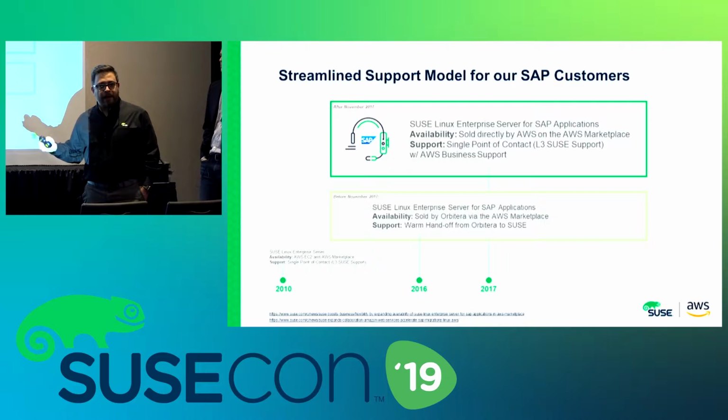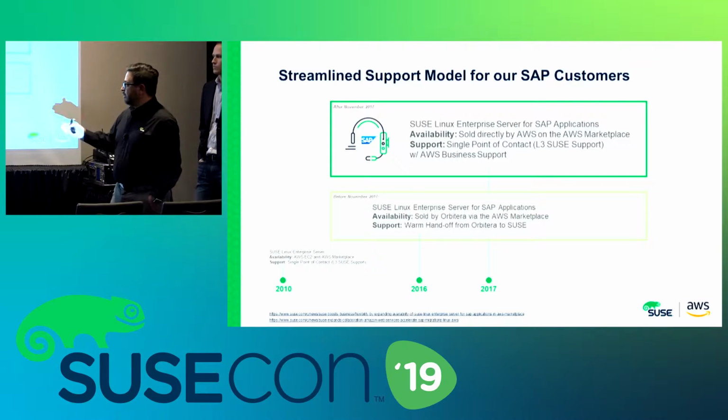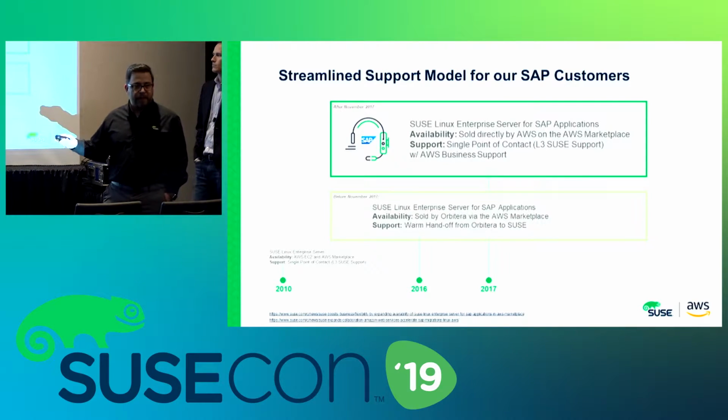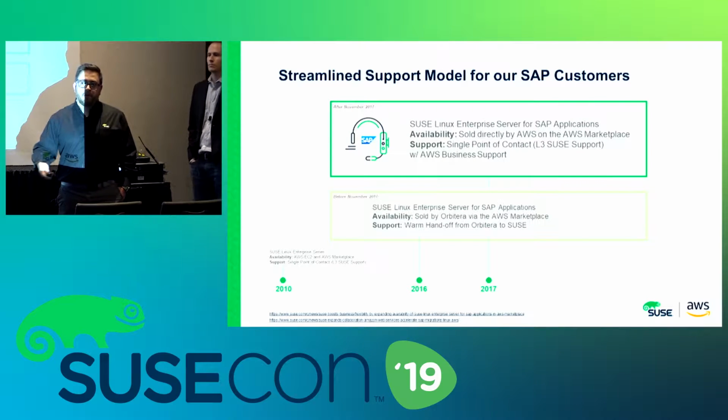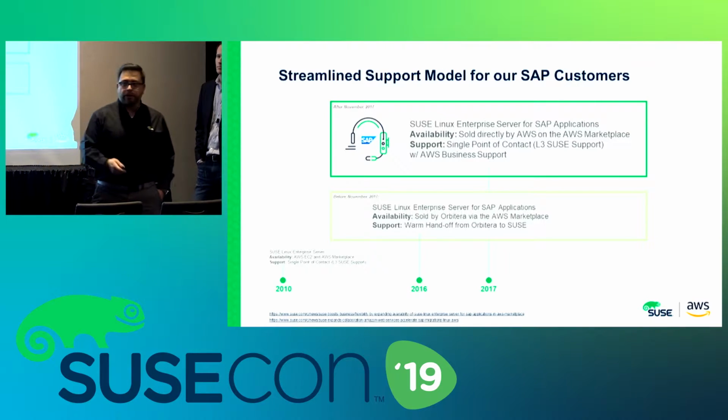So there was a warm handoff to SUSE support. Now, Orbitera wasn't necessarily a support organization, so working with AWS, we sought to address that. In 2017, we announced that AWS can be a seller of record in the marketplace for SLES for SAP. What this means is you now have streamlined support. If you're using a support contract through AWS, you can contact them for SLES for SAP and they're able to resolve those issues.